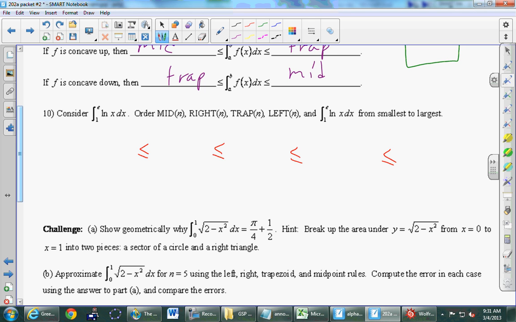We're going to put 1, 2, 3, 4, and we're going to put the original one will go in there somewhere too. Yeah, so which one is going to be in the middle? The right answer, right? Like the actual integral itself is going to be in the middle, and the estimates will fall on either side. So that one's easy. We'll just put it right in here. 1 to e ln of x dx.